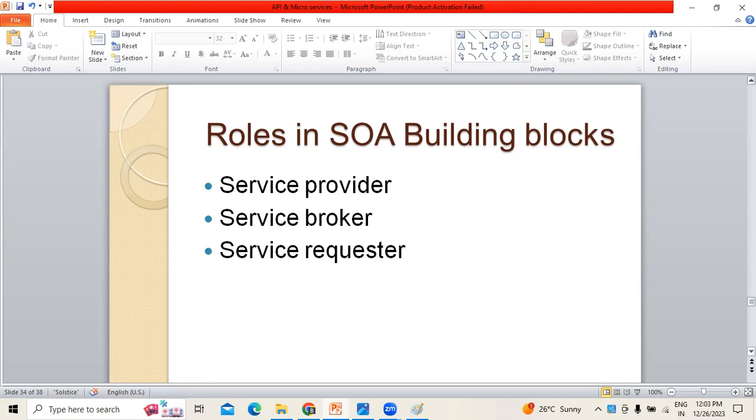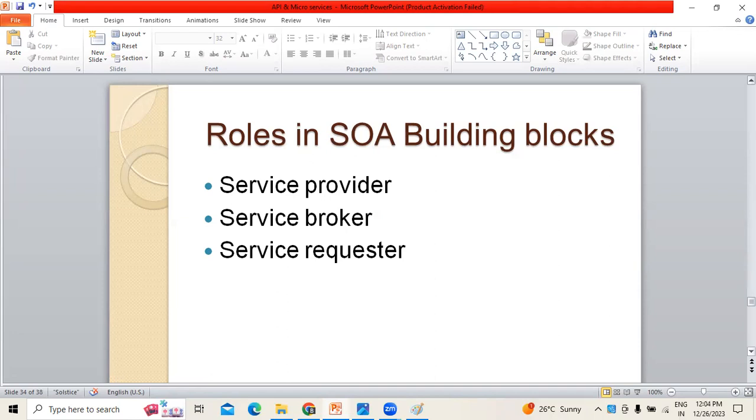You can write the detailed part under service provider later. First of all, write down these three roles: one is service provider, second is service broker, third is service requester. Service provider, service broker, service requester.